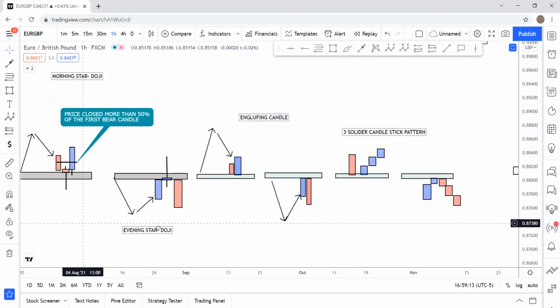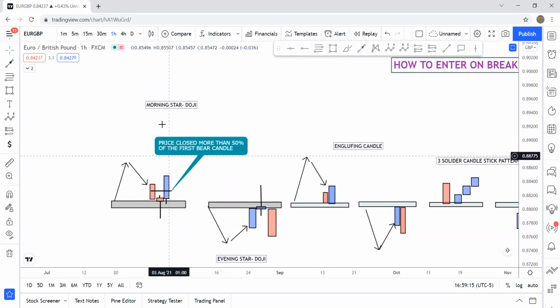The first candlestick pattern I want to talk about is the morning star doji, right? That's basically when we have a break and retest, and price retests and hits that structure. There is the support, right? You would get a strong sell candle, and then after that, you're going to receive a weak bearish sell candle.